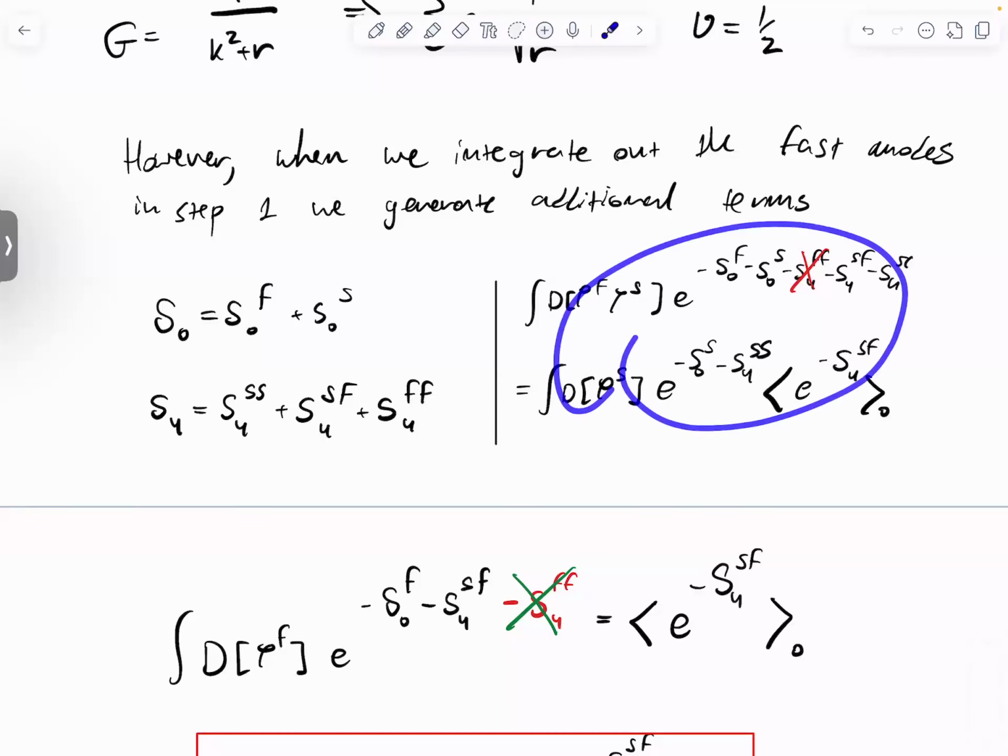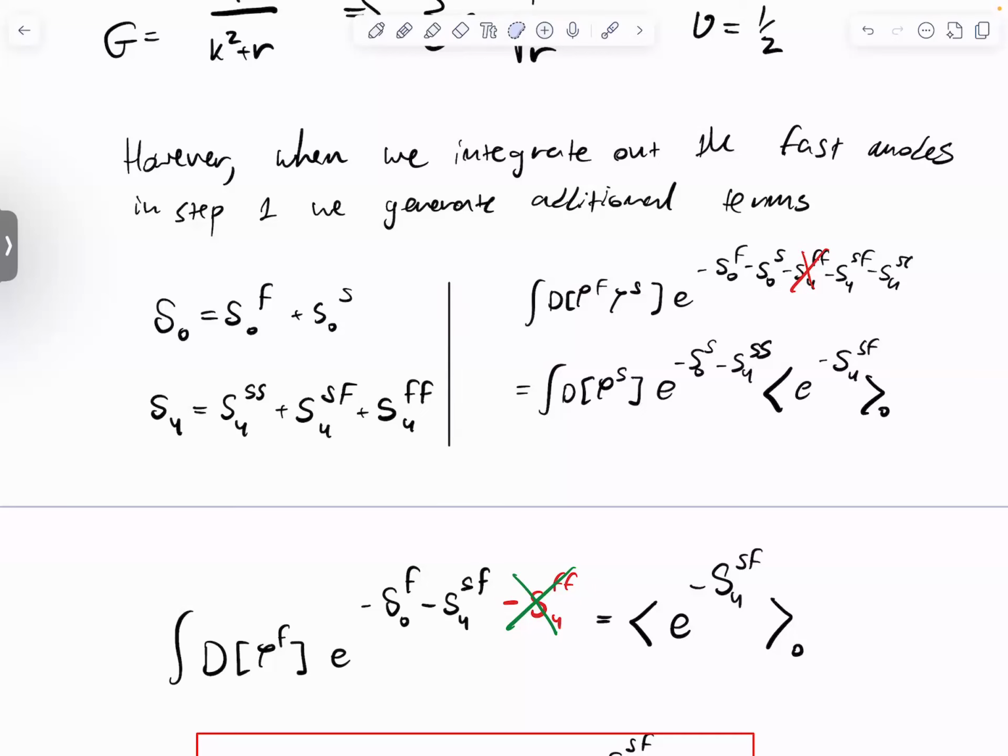See? This is like Z, my original Z is this. But I want to obtain an effective action for the slow modes after I integrate out the fast modes. So I'm integrating over only the fast modes.